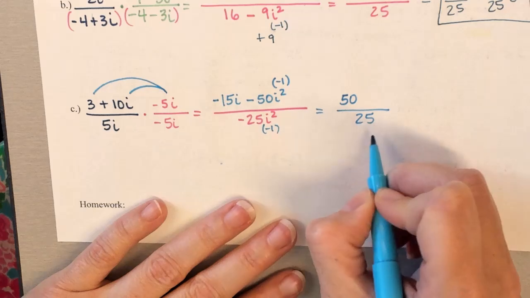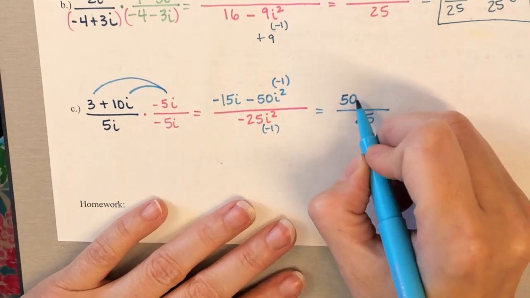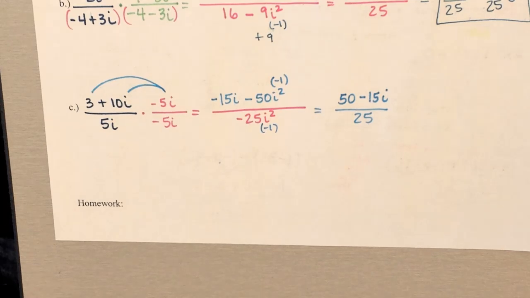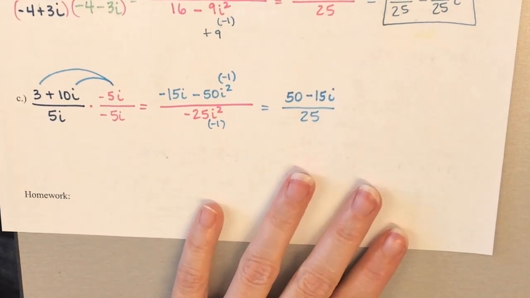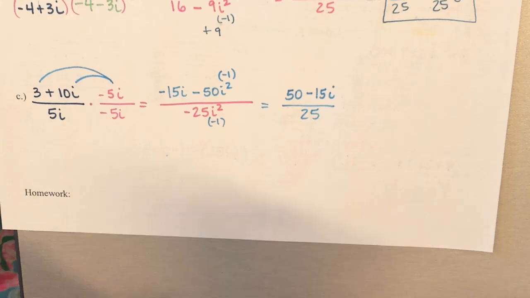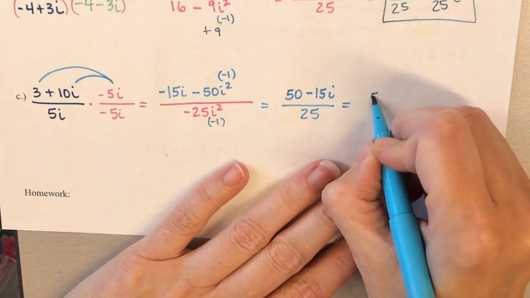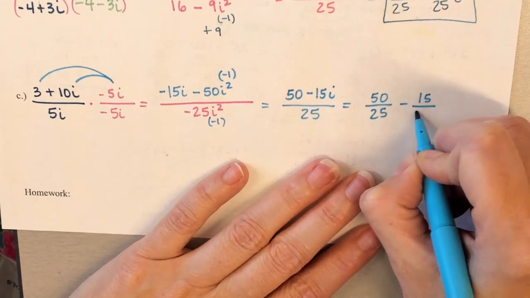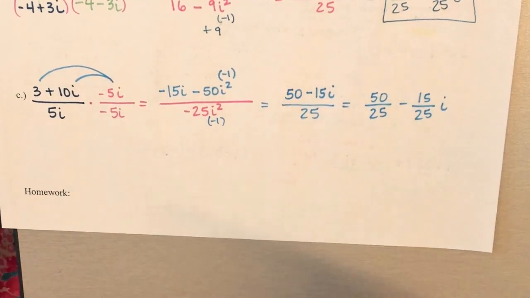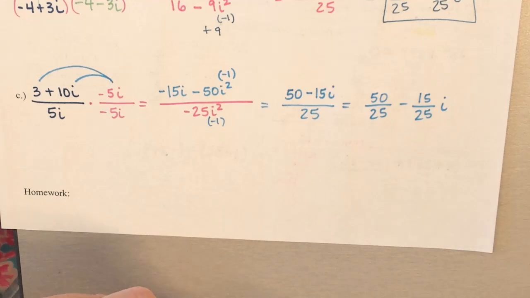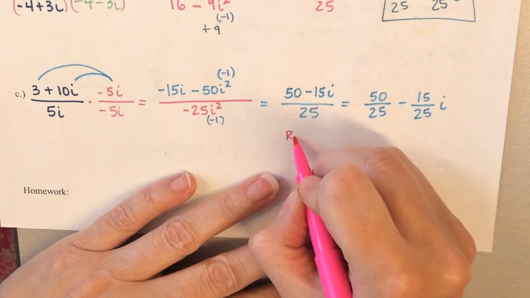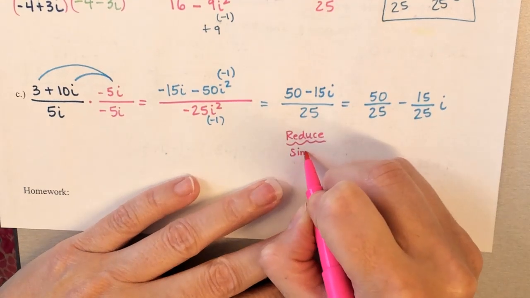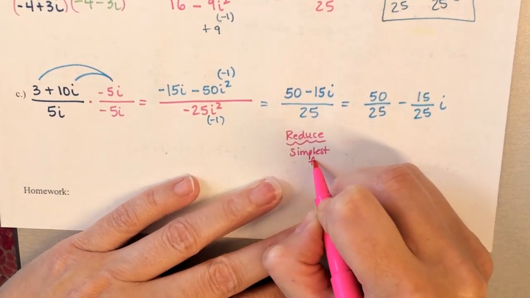What I'm saying out loud to you is exactly what I say in my head when I'm doing this. That can really help cut down on some of those smaller mistakes. And then you always want to write this so it's in a plus bi form, and you always want to check to see if you can reduce or simplify. If you have a fraction, make sure you reduce it and put it in the simplest form.